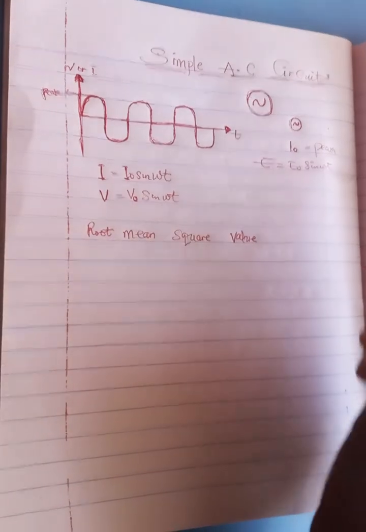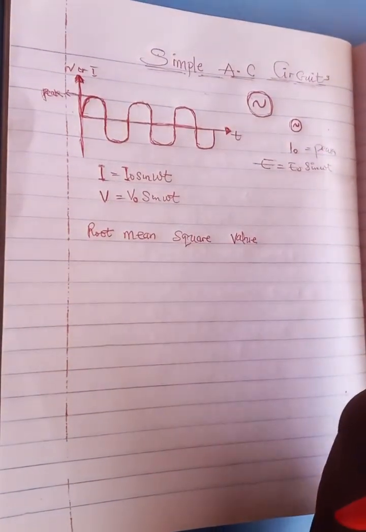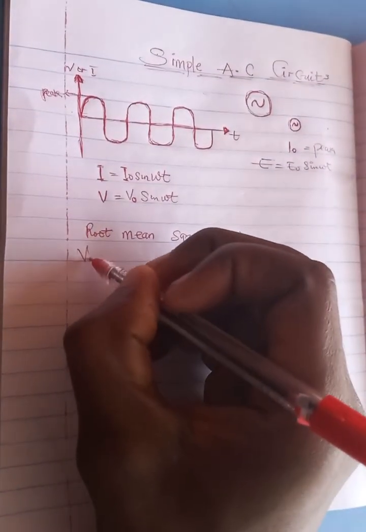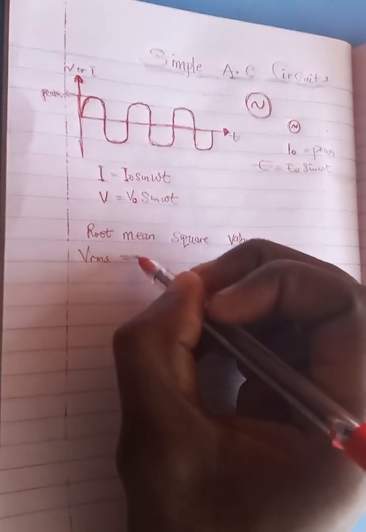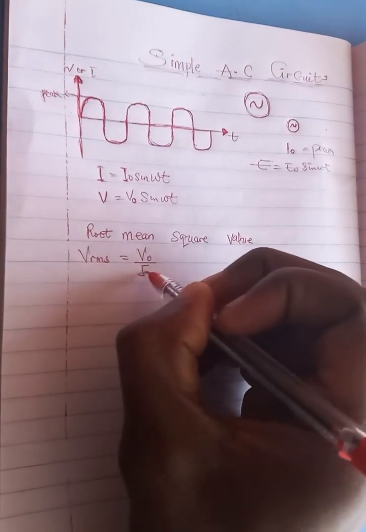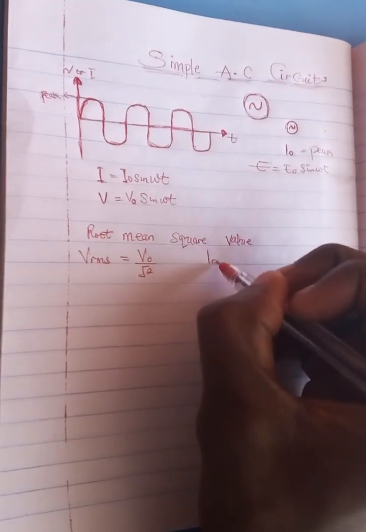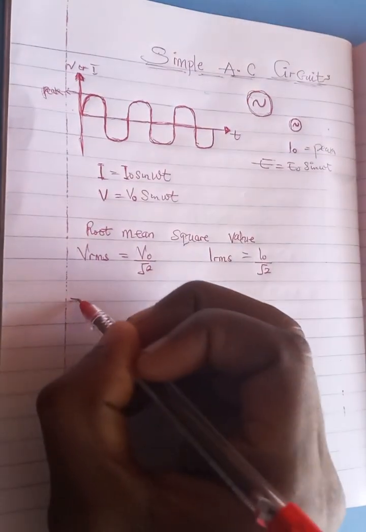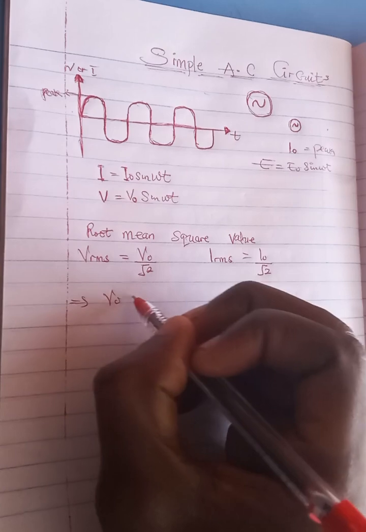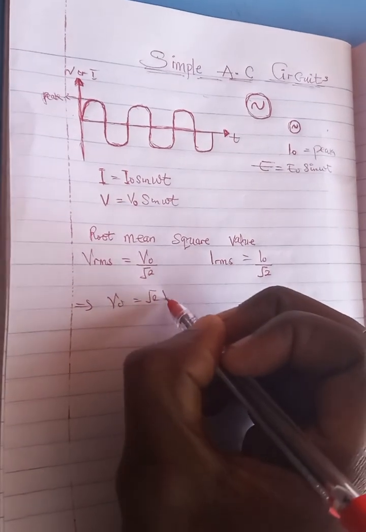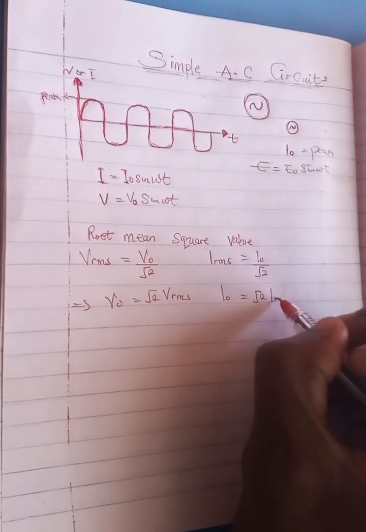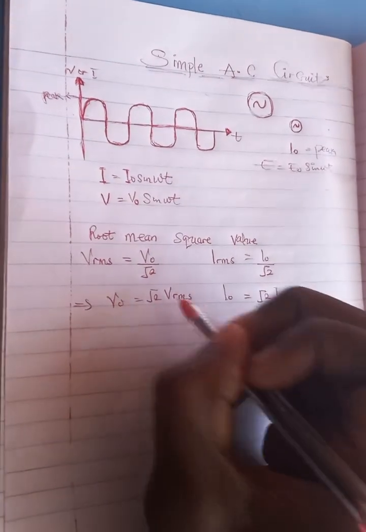If we say RMS value of current, that is the average value of current; RMS value of voltage, average value of voltage. So our V RMS is given by V naught over root 2, and our I RMS is given by I naught over root 2, which simply implies that V naught is equal to root 2 V RMS, and I naught is also equal to root 2 I RMS, in case you're asked to calculate any of these.